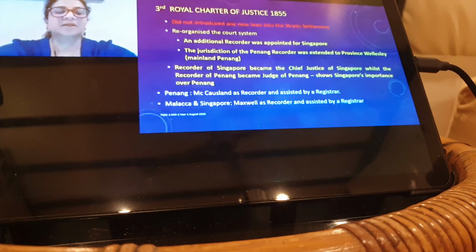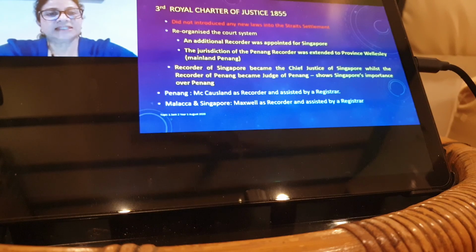Now, subsequently, the Third Royal Charter of Justice was executed in 1855. What the Third Royal Charter of Justice did, it did not introduce any new laws into the Strait Settlement. However, the court system was reorganized. An additional recorder was appointed for Singapore, because prior to this, you only had one recorder visiting Penang, Malacca, and Singapore.